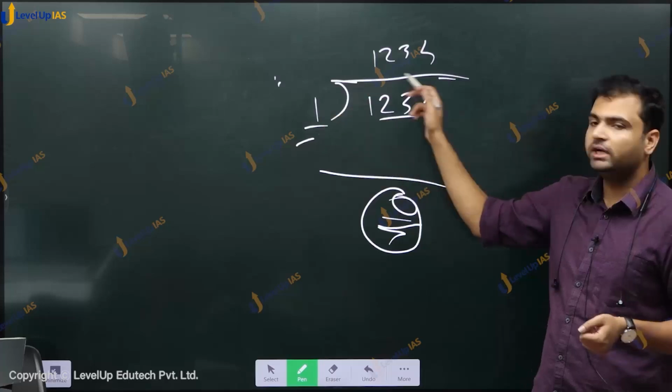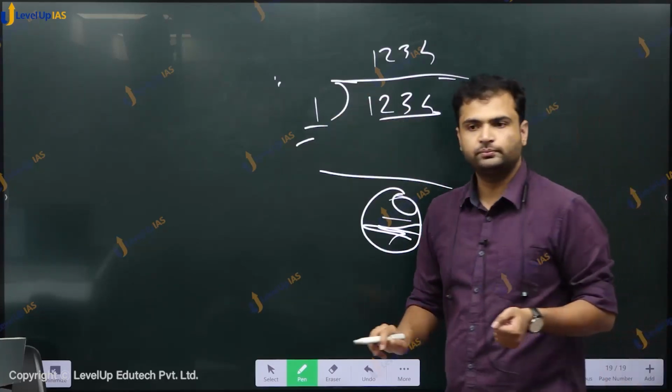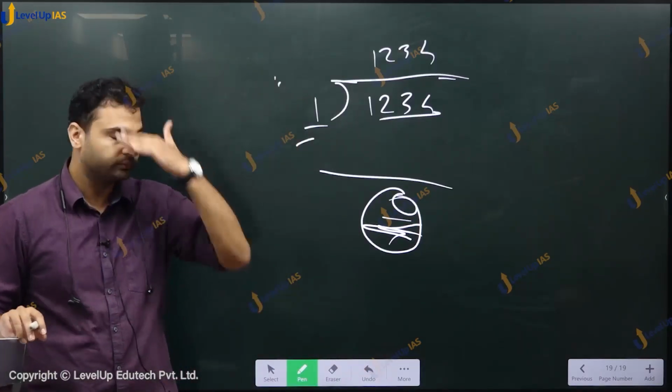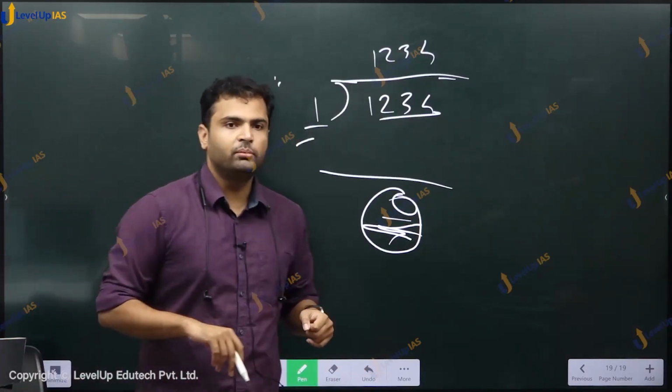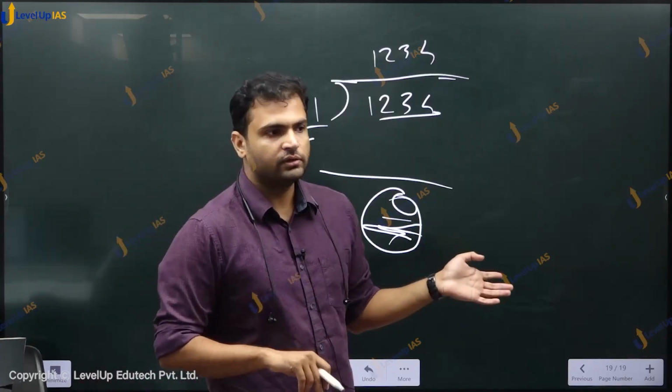If divisibility condition is satisfied, then remainder is 0. Right? So every number divided by 1 is number itself and remainder is always 0.